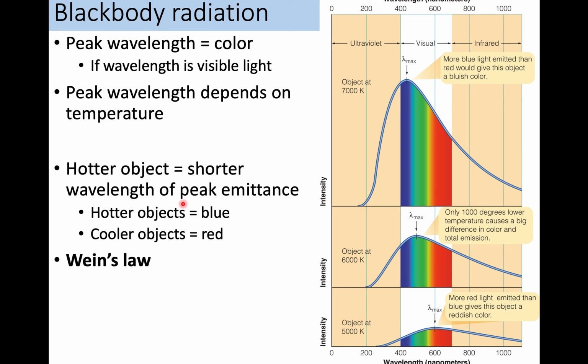So the hotter objects are going to be blue, the cooler objects are going to be red. It's a little counterintuitive because we normally see red as a hot color and blue as a cool color. But when we're talking about stars, blue has a shorter wavelength. Blue is going to be a hotter star than a red star. This is what we call Wien's law.